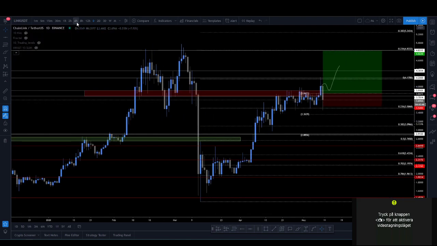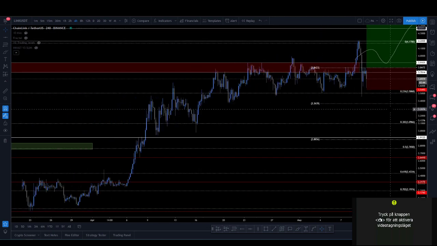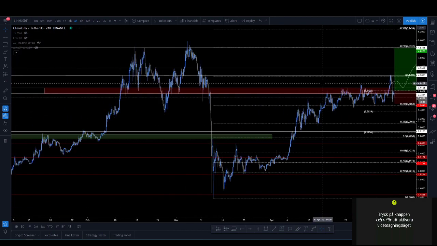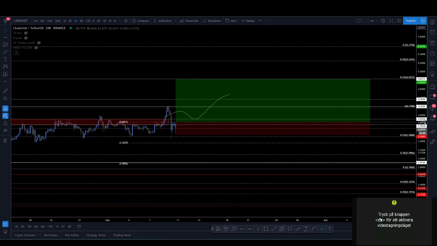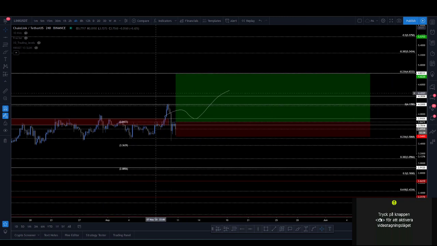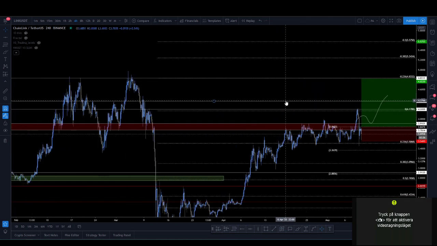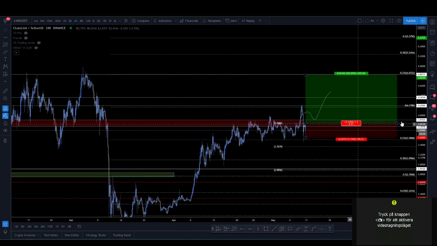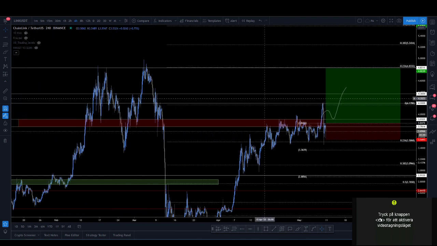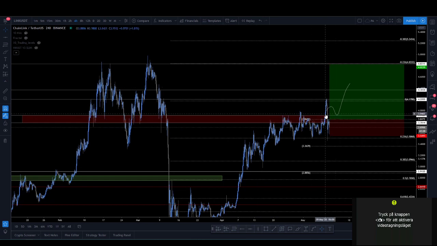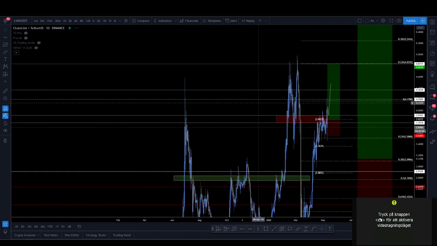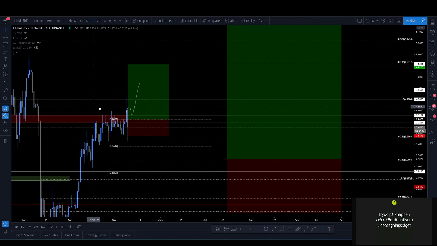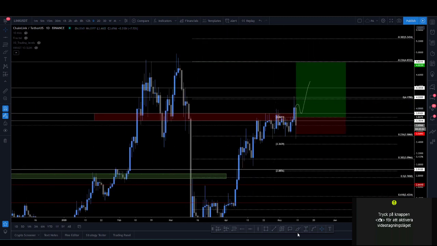Well, I had a setup planned here. Take profit up here got hit, but nothing interesting really. I never took this trade, and I don't think I've ever posted this trade, but it was something I was looking for, and I was waiting for a daily open and close above this red box resistance before longing.